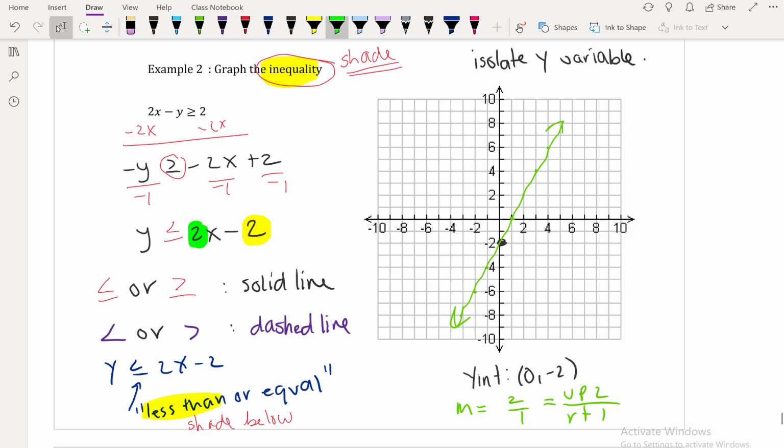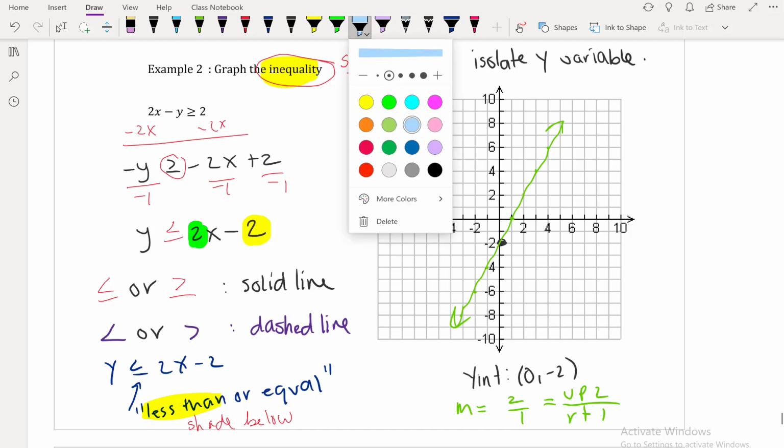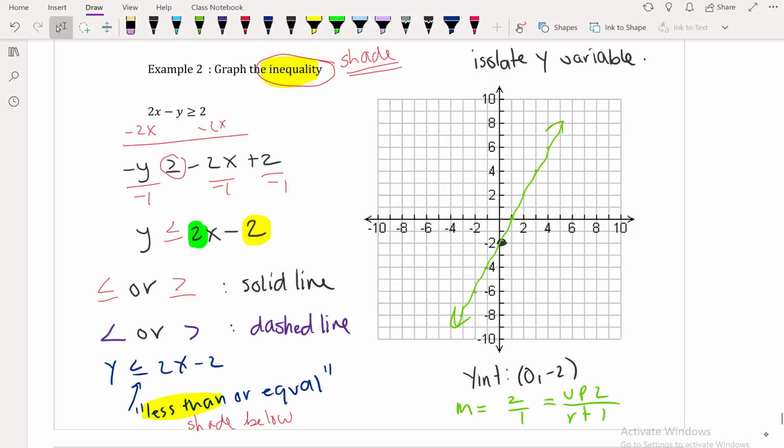Shade below the line. So think of it here as your y-intercept.